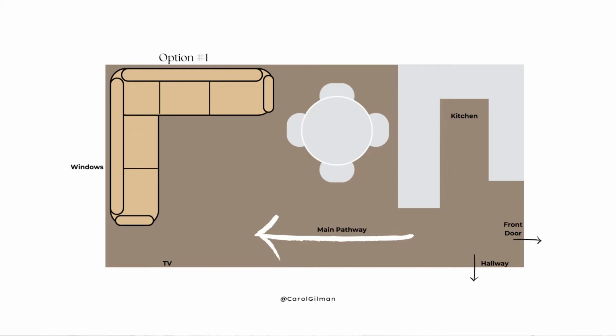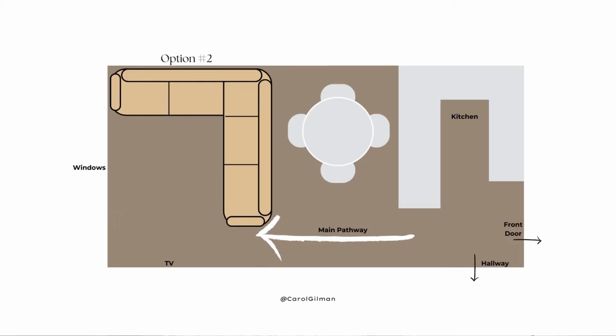And it's easy to get into that sectional seating area. There isn't anything blocking us, but we're blocking some of the view outside. But if we place the sectional the other way, we would have to walk around one side of the sofa to get inside that seating area. But the positive side of this setup is that it's not blocking the window view.